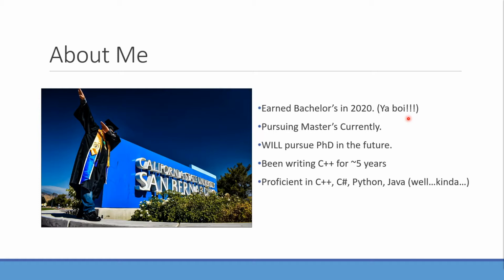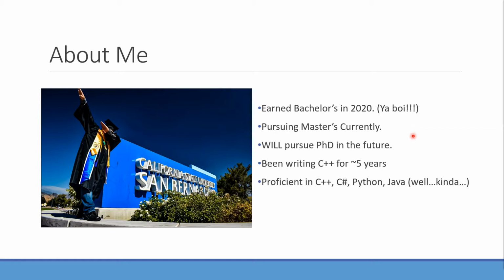Currently I'm pursuing my master's degree, and hopefully I will get it by 2021. But if not, then that's okay. I'll just spend another year here. And who knows, maybe I'll still be teaching courses by next year too.